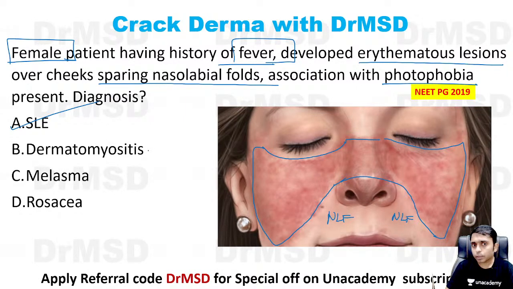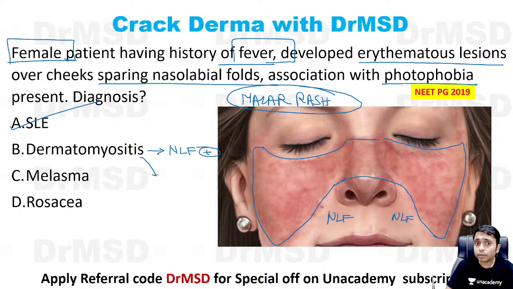In the case of dermatomyositis, the nasolabial folds can be involved, and this erythematous rash, which is classically called malar rash, can be seen in dermatomyositis also.